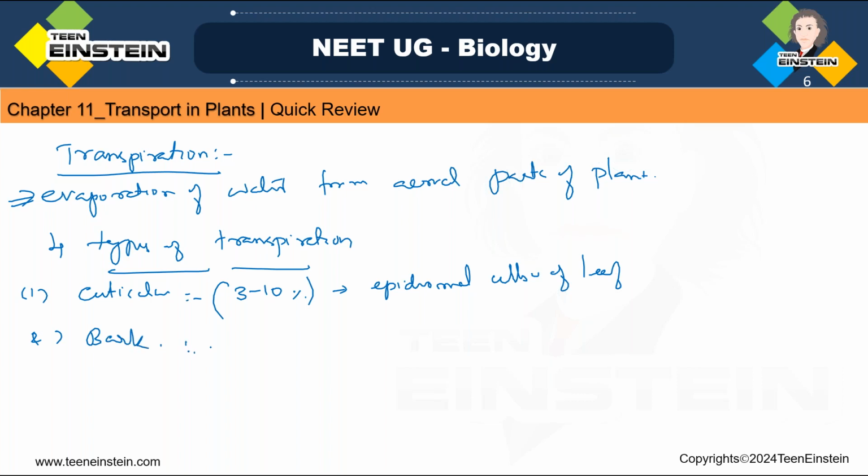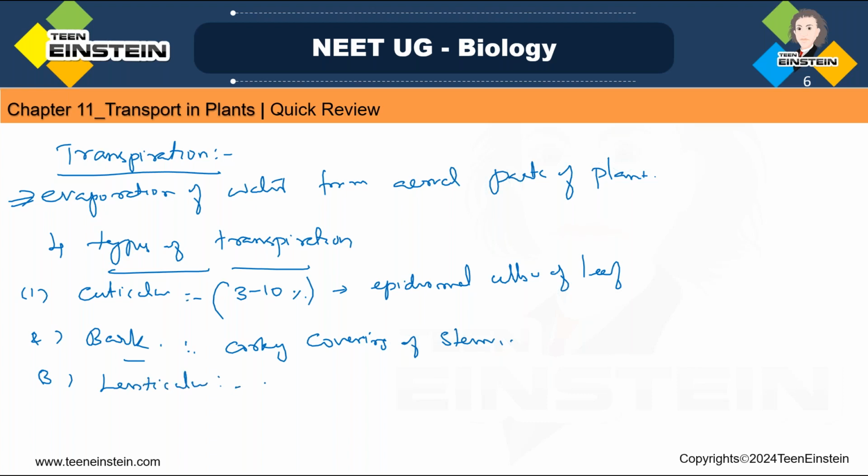Next, the second type is bark transpiration. Bark transpiration occurs through the corky covering of stems. Okay, bark means it will be in the corky covering of stem. And the third type is lenticular transpiration.